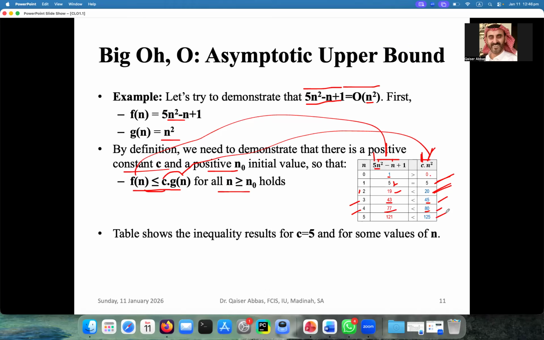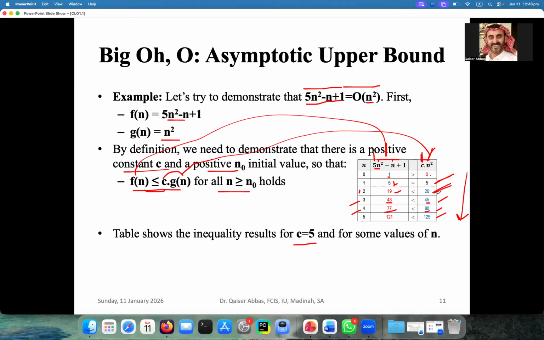In this way, you are getting less values, and now you can consider your constant is 5. If some other constant is possible, okay, but this is also possible. So this table shows that we are going to get c equal to 5.